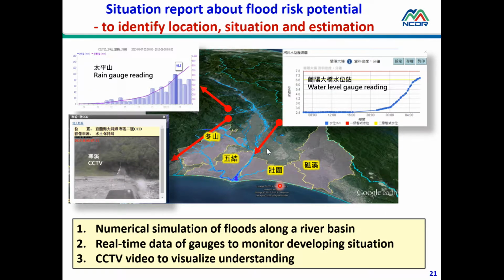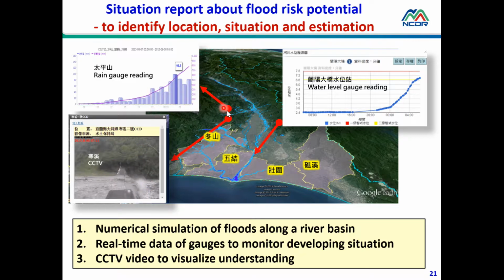Another one is how we present the flood situation. Now we combine our information system. This is the idea of how we design the picture to show the possible flood. On this map, we use several data. First is the real-time rain gauge data here and the water level gauge data here, and also real-time video.